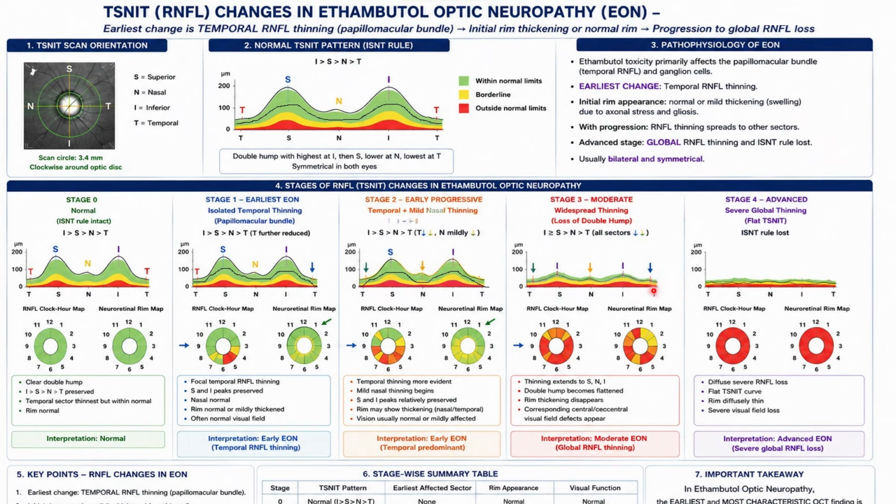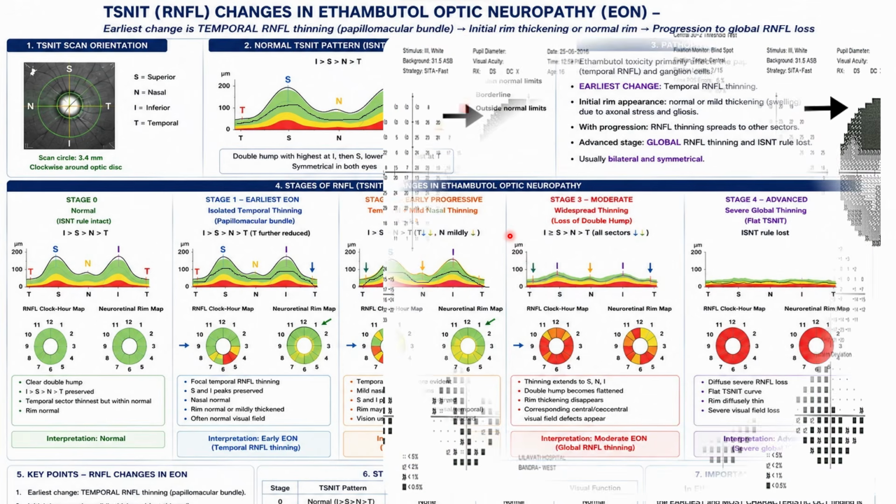And in advanced stages, you will find generalized or global reduction of the thickness of the retinal nerve fibers involving all parts. You can see all the clock hours in the 3.5 millimeter area around the optic disc will be very thin. So this will be the advanced stage. Based on your understanding of this Tisnet graph, you can assess your patient and see if there is any evidence of toxicity.